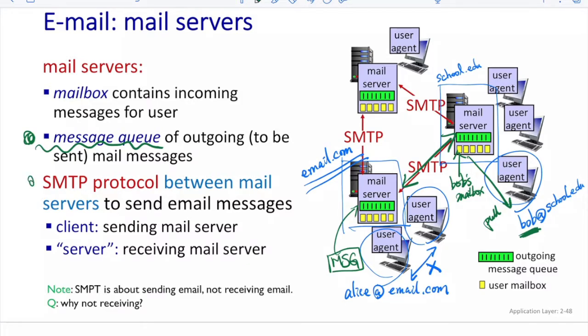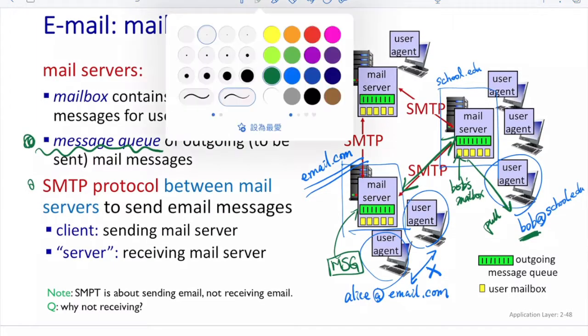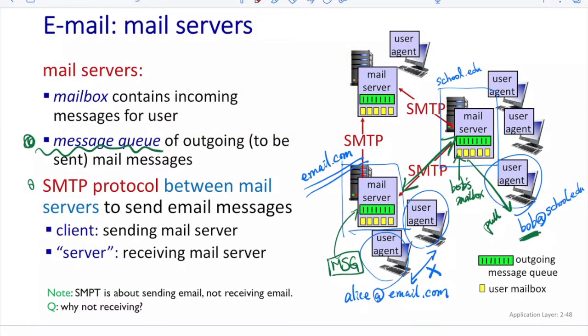So the protocol that we used right here is SMTP, and you have to remember one thing that we'll talk about later, but I want to mention it right here. When you, as a sender, push your mail to your mail server, the protocol you use right here is SMTP.